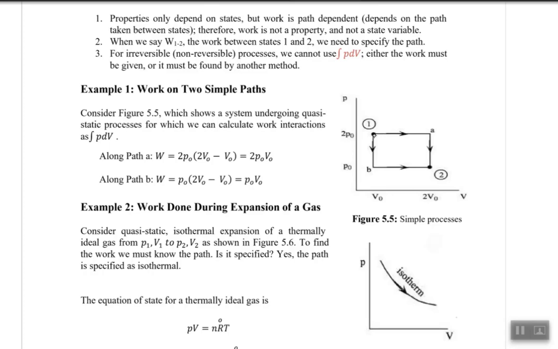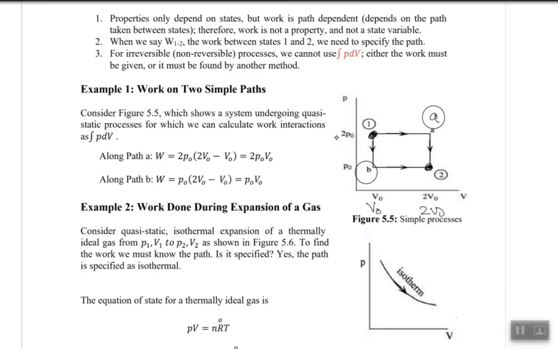I'm going from state 1 to state 2, and let's say I am applying two paths. One is called path A and one is called path B. So we have got two works, paths from 1 to 2, one in path A and one in path B. What is path A? In path A, I'm moving from volume V0 to 2V0.